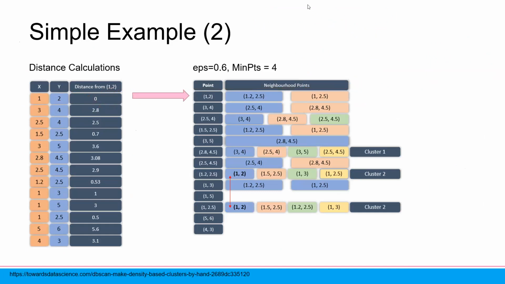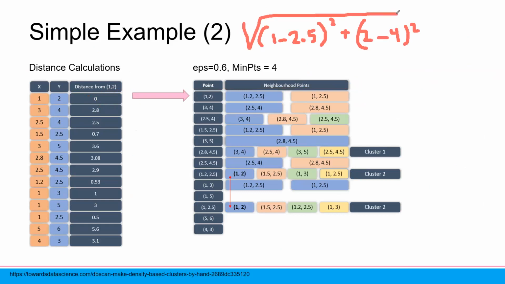Again, we can calculate: 1 minus 2.5, power of 2, plus 2 minus 4, power of 2, and then we do the square root. So we get the distance 2.5. Okay, and so on.